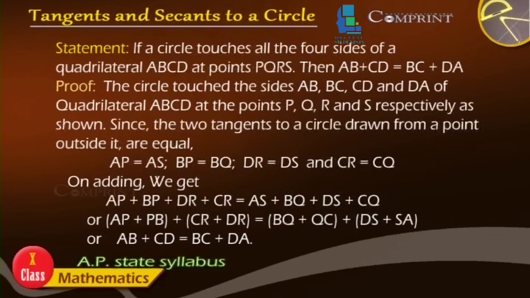On adding, we get AP plus BP plus DR plus CR is equal to AS plus BQ plus DS plus CQ, or AP plus PB plus CR plus DR is equal to BQ plus QC plus DS plus SA, or AB plus CD is equal to BC plus DA.